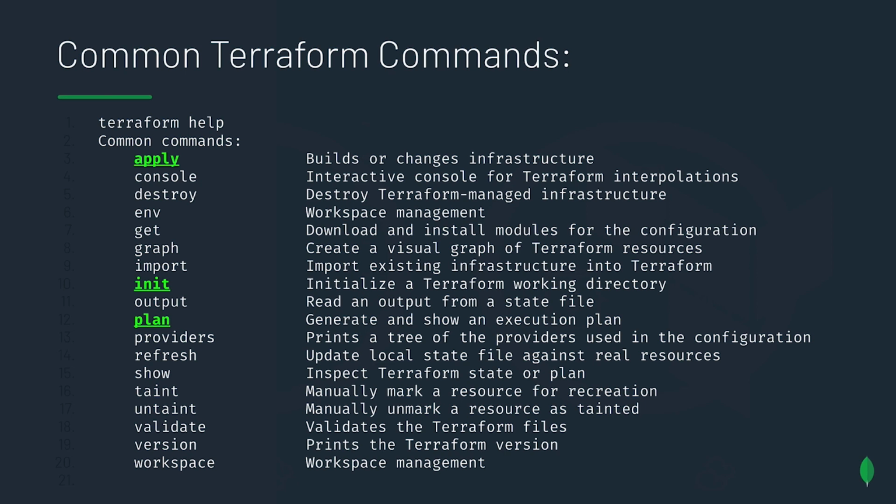And then lastly is Terraform apply. And as it sounds, Terraform apply is basically the Terraform go button. It will prompt you with the plan again, and it will ask you if you want to execute the apply. And you'll type in yes, and it will start to iterate through all of the steps to get our configuration deployed.